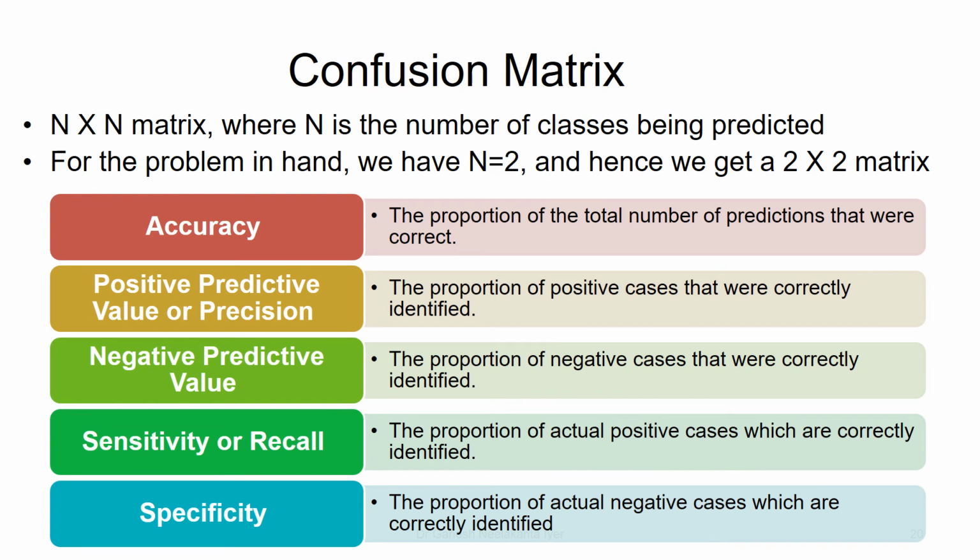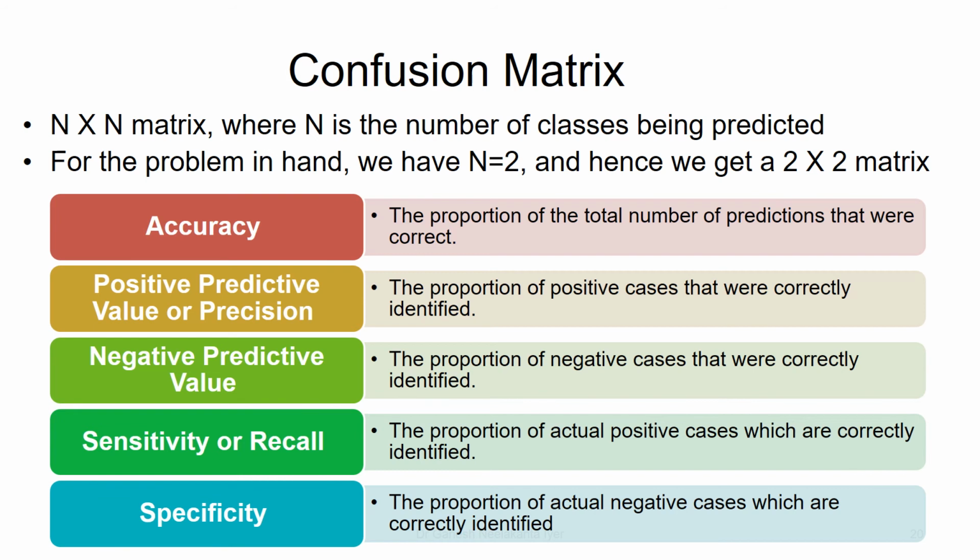So to summarize about the confusion matrix, it's an n by n matrix. N is the number of classes being predicted for the problem at hand. We have n equal to 2 and hence we get a 2 by 2 matrix. Accuracy, the proportion of the total number of predictions that were correct. Precision, the proportion of positive cases that were correctly identified.